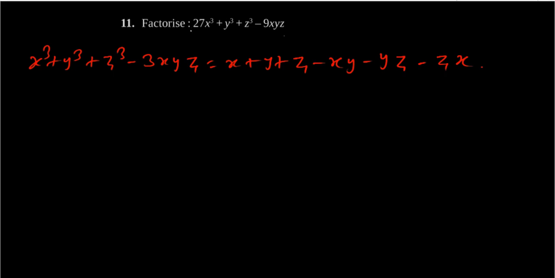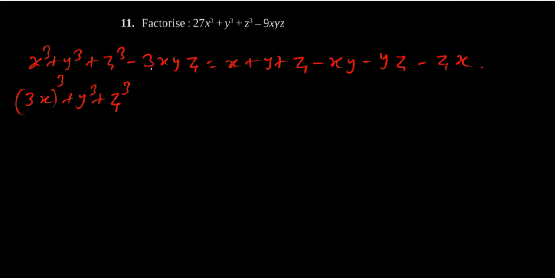So let us substitute and find out what is x, what is y, what is z here. So in place of x cube we have 27x cube. So this can be written as (3x) the whole cube plus y cube plus z cube. These are our given three terms. So it is matching exactly with y and z, and in place of x we have 3x.